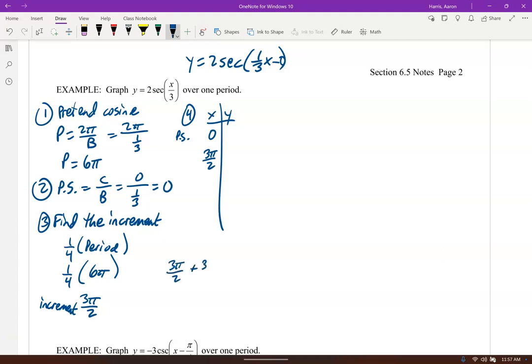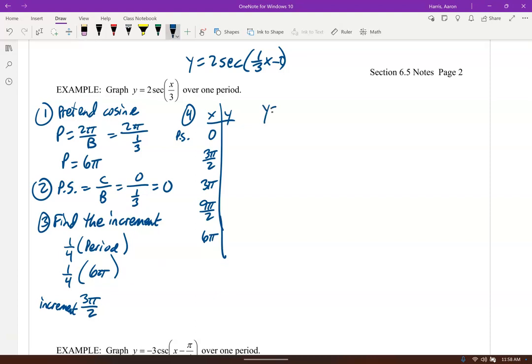So 3 pi over 2 plus another 3 pi over 2 is 6 pi over 2, which is 3 pi. Then 6 pi over 2 plus 3 pi over 2 is 9 pi over 2. And then 9 pi over 2 plus 3 pi over 2 is 12 pi over 2. Well, that's 6 pi, and that's our last point that we'll plug in.